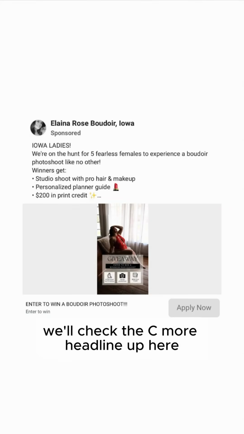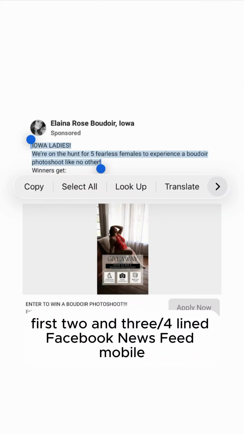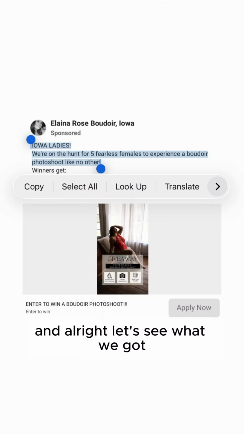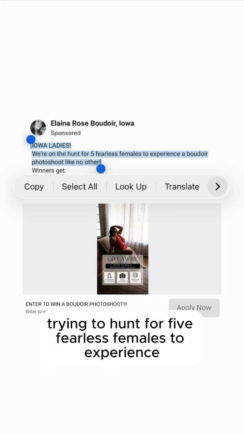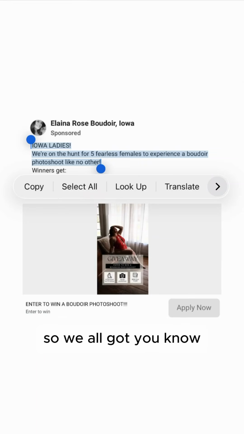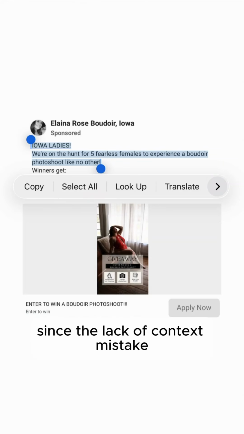All right, finally, we'll check the see more headline up here, the first 2 3/4 lines in the Facebook newsfeed on mobile. All right, let's see what we got. Well, ladies, we're on the hunt for 5 fearless females to experience the Boudoir photo shoot. All right, so we only got maybe one piece of relevant context here. So it's the lack of context mistake.